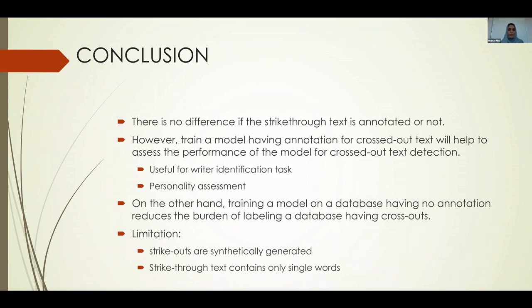We consider only 4: single line, double line, diagonal, and cross stroke. All the strokes are synthetically generated, and each contains only one word. That's not always true, as in some cases it's 2 words, and sometimes it's a part of a word which has been crossed. These are the limitations of the work, and thank you.